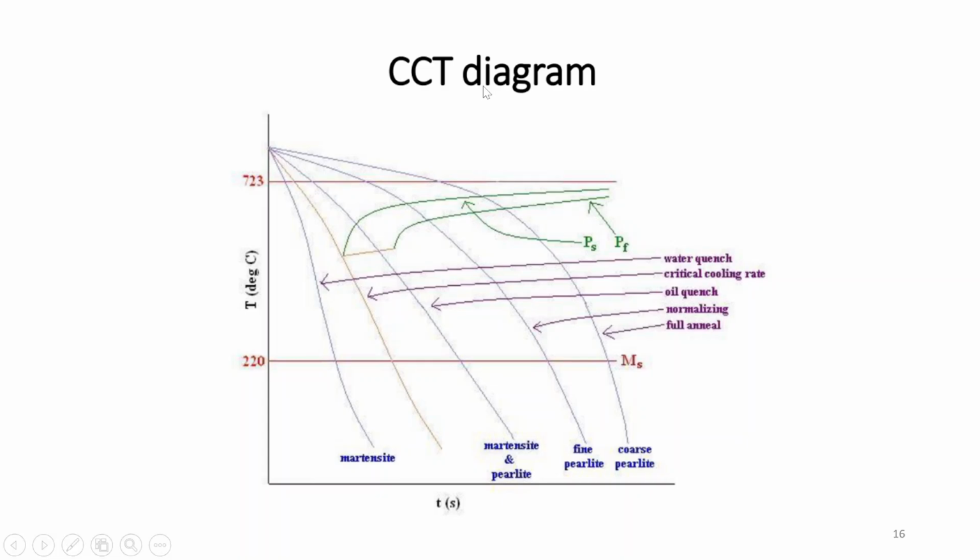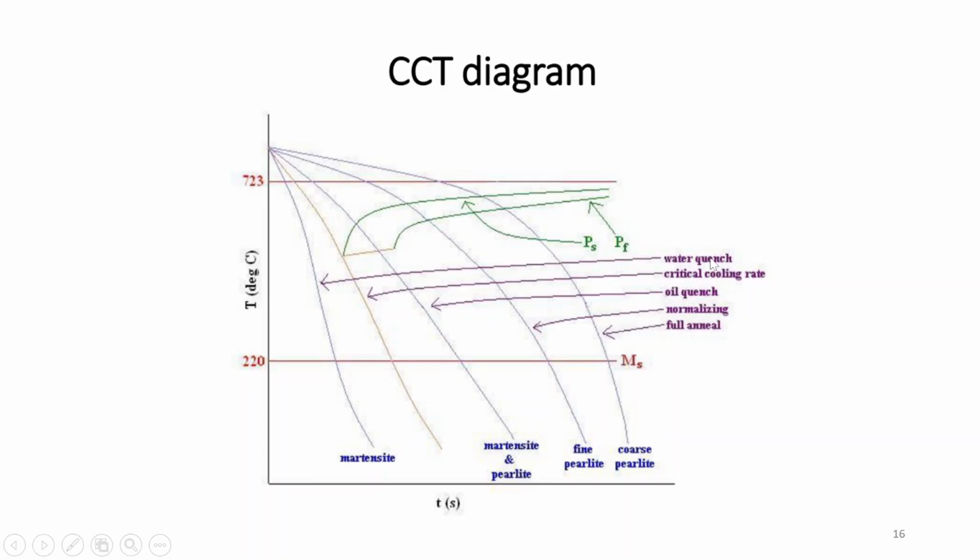Then CCT diagram, which is continuous cooling. In this case you are using continuous curves. These continuous curves will show which type of final structure will be forming in steel.